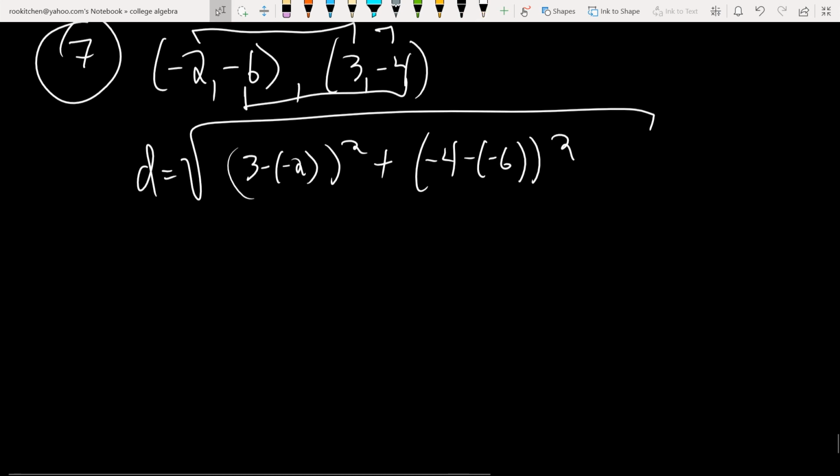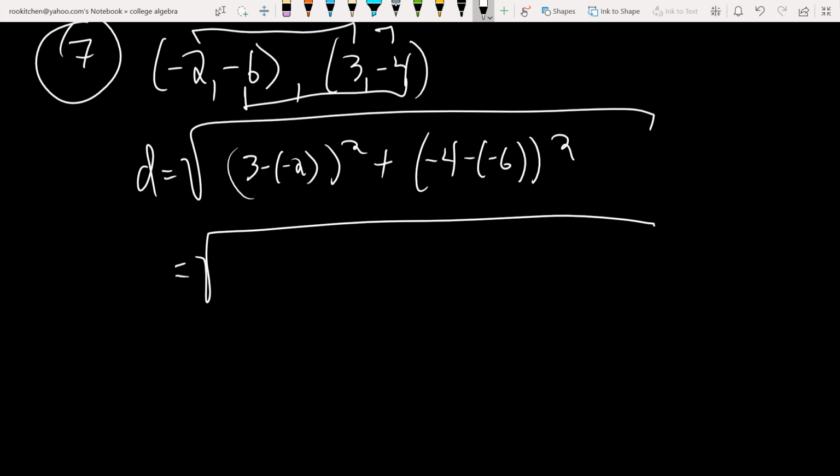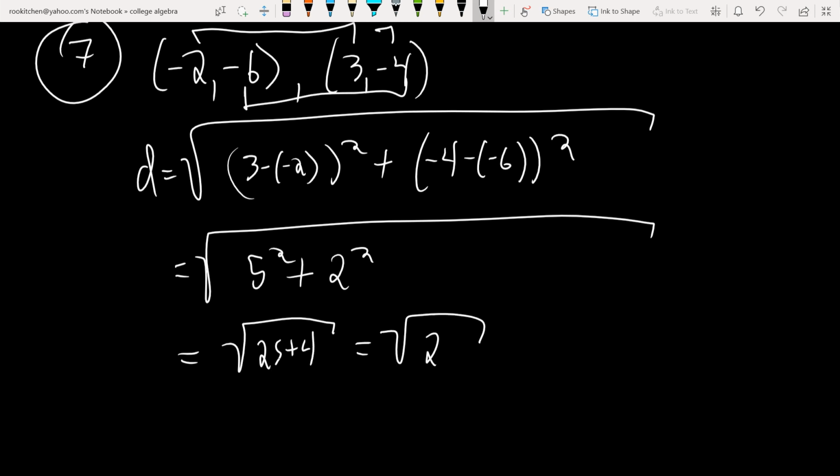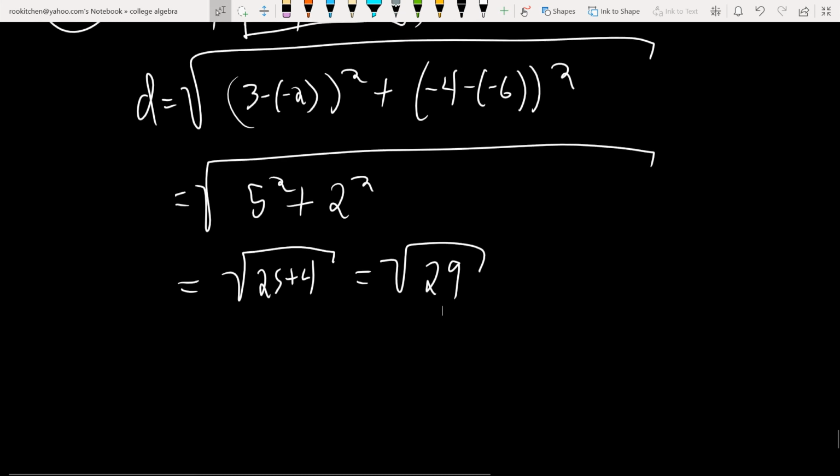Right. Simplify this. Equals 3 plus 2, so 5 squared, plus negative 4 plus 6 is 2, so 2 squared. And then that equals 25 plus 4, and then that equals square root 29. We could leave it like that, that's fine.